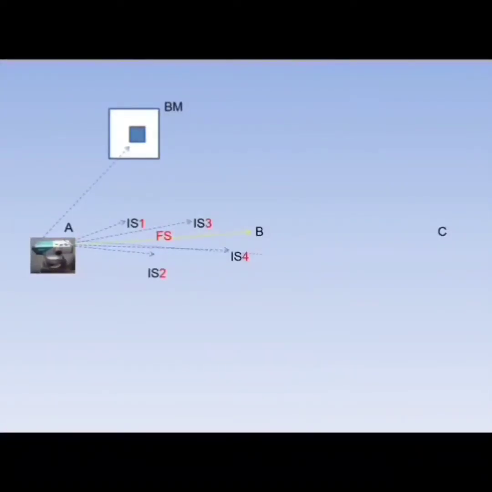First, the instrument is set up at point A and a backsight is taken on the benchmark. Then intermediate sights are taken.